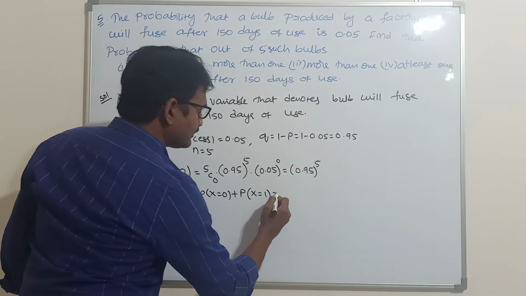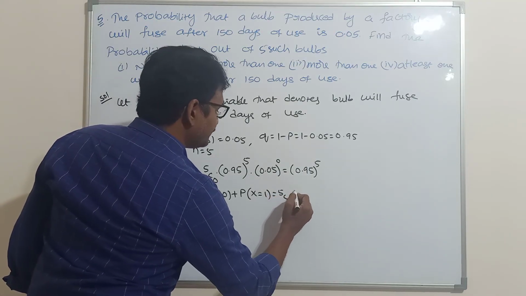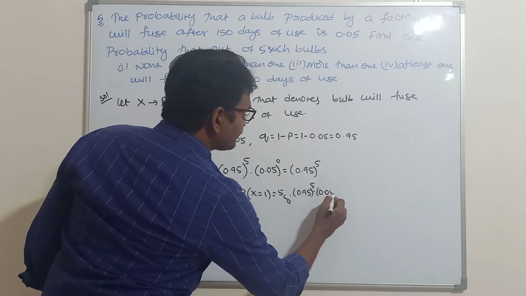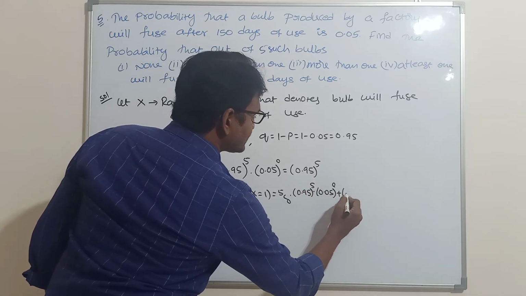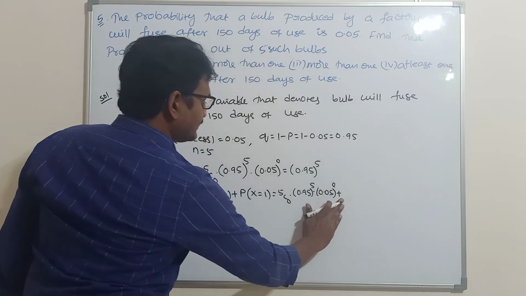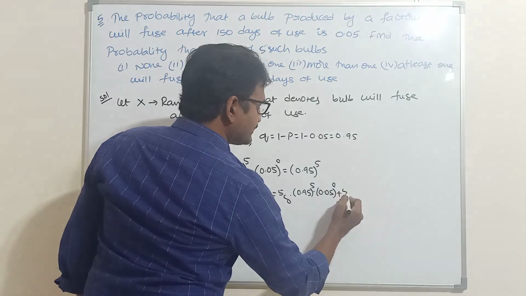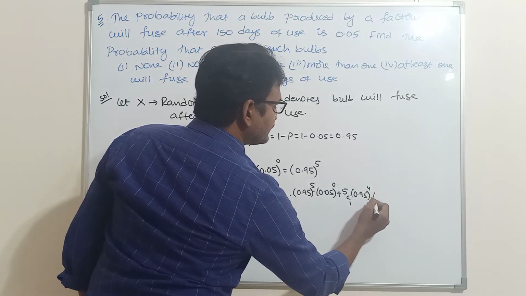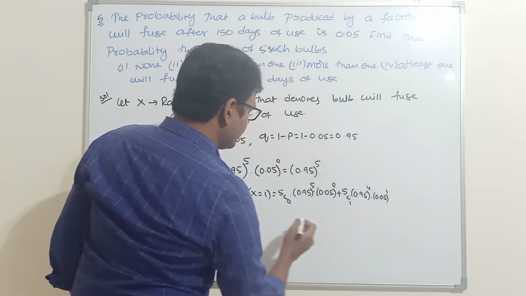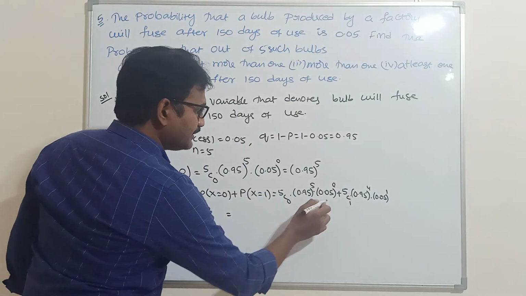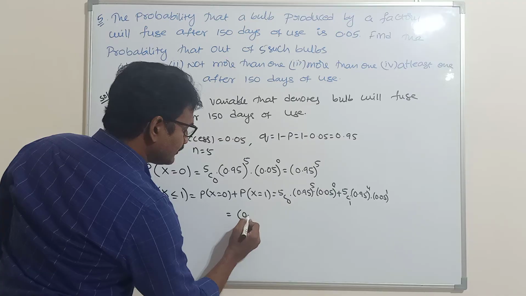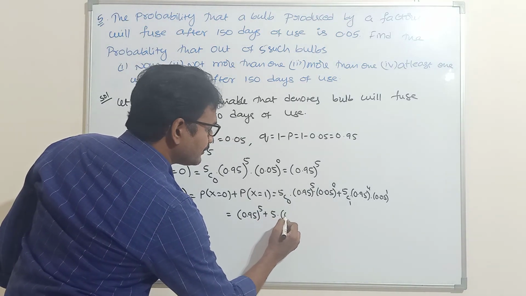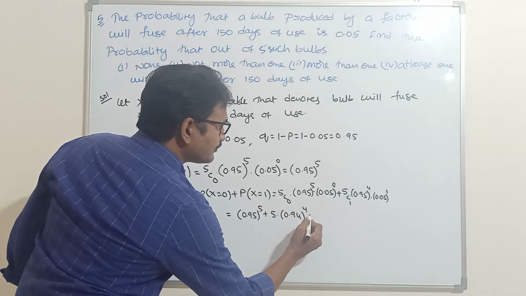P of X equal to 0 is 5C0 into 0.95 whole power 5 into 0.05 whole power 0, plus P of X equal to 1, which is 5C1 into 0.95 whole power 4 into 0.05 whole power 1.